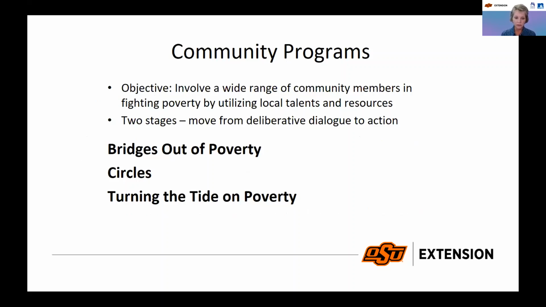The programs include 2 stages: productive dialogue, and that dialogue leads to action. 3 of these programs that have been used are Bridges Out of Poverty, Circles, and Turning the Tide on Poverty. Turning the Tide on Poverty was a pilot tested program that began in 5 states in the South, and Okfuskee County was one of those sites. And our extension office was involved in that.